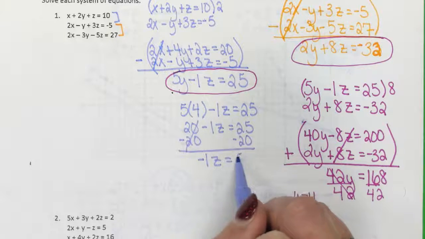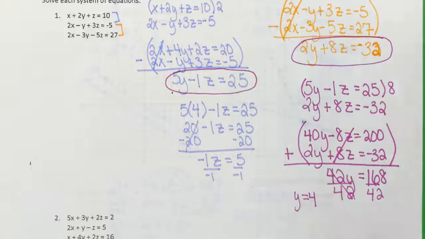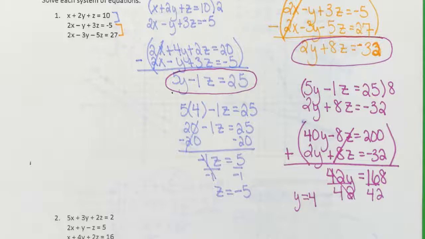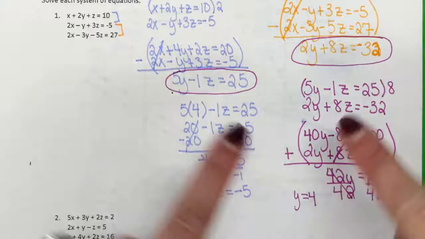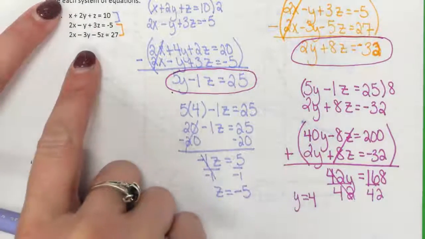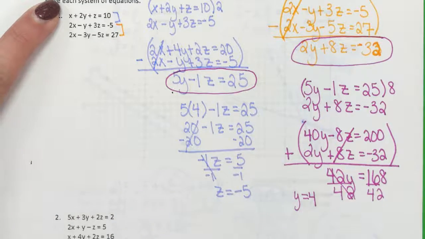Perfect. And now we got to work backwards. So from the 4, we went to these 2, right? And now we got to go all the way back up to here. Doesn't matter. Which one do you want to plug the z and the y into? I'd probably do the first one.